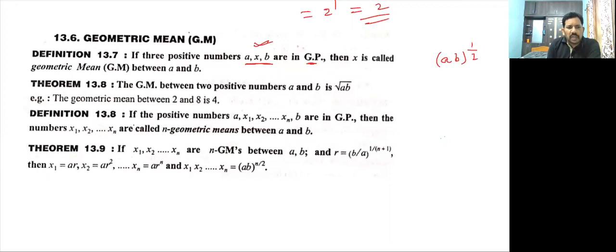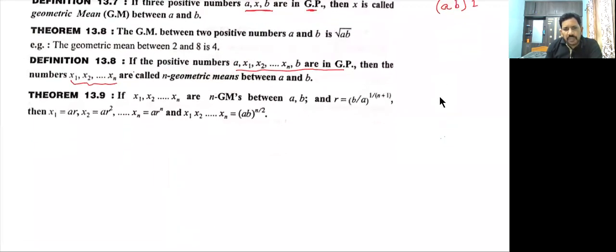Now, if the positive numbers A, X1, X2, X3 and so on, Xn, B are in GP, then the numbers X1, X2, X3 and so on, Xn are called n geometric means between A and B. Suppose A, X1, X2, X3 and so on, Xn, B are in GP series.